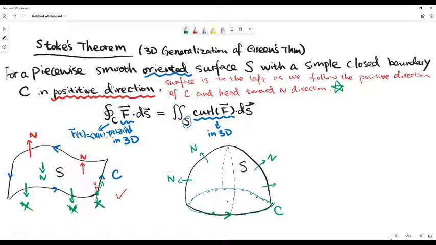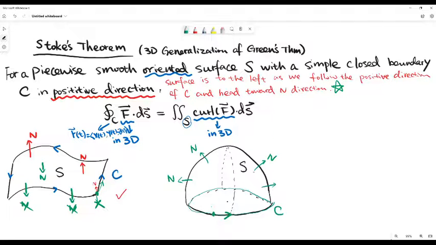So when I'm standing here, my head again is toward the normal direction, and the normal direction should be coming out of the screen now, right? So I'm standing this way, out of the screen, and if I walk in this counterclockwise direction, the surface is always to my left, right?